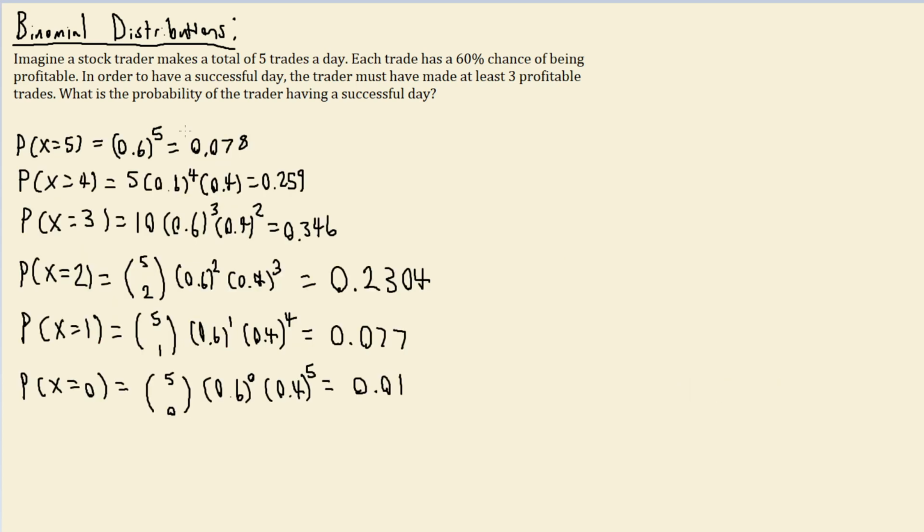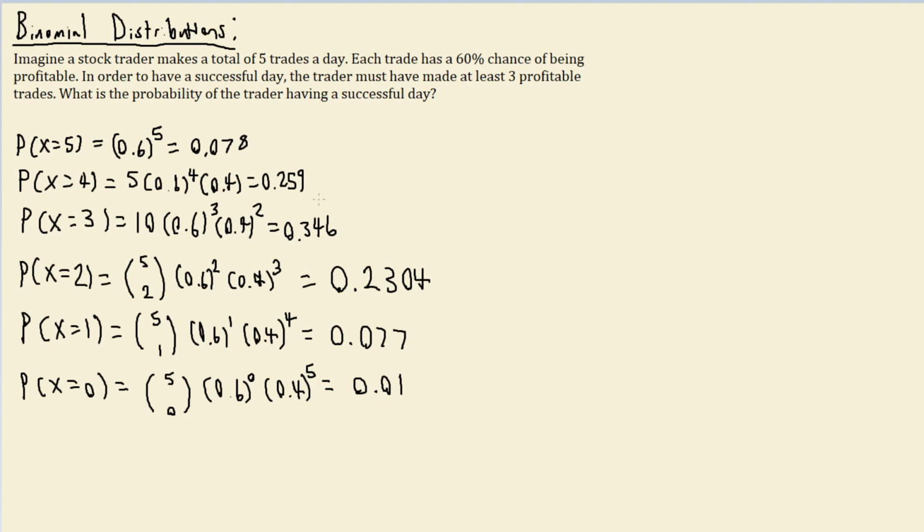All right, so I've taken the liberty of filling out all of the possible outcomes that could occur. The trader here could have 5 profitable trades, 4, 3, 2, 1, or 0 profitable trades. And I've also gone through and rewrote all the work so it's all the same color, and I gave the associated probabilities with each of these possible outcomes.